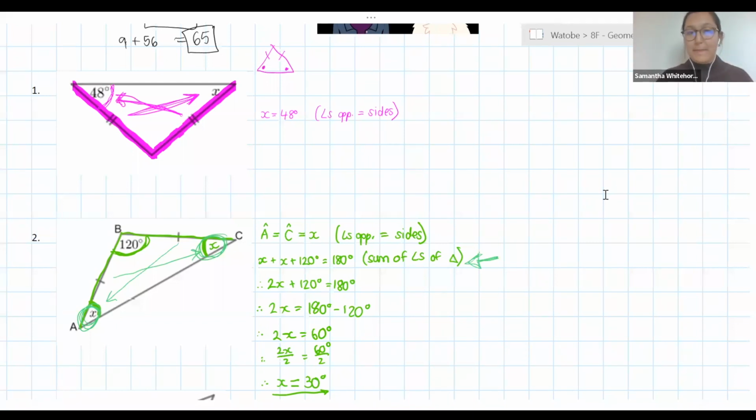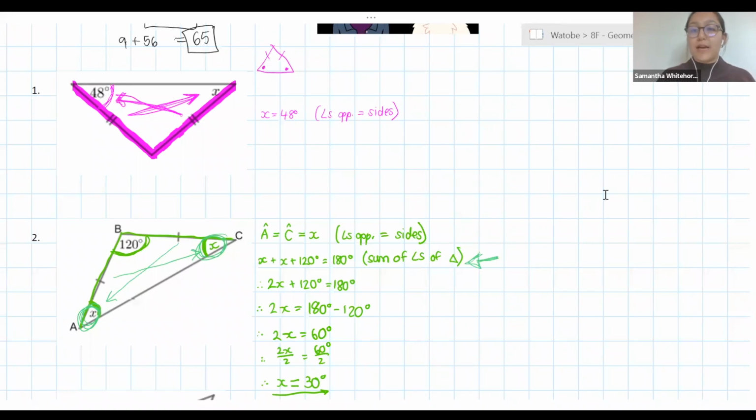Can I tell you what I did? Okay. I said angle A plus angle B plus angle C is 180, sum of angles in a triangle. And then I said 180 minus 120, and then I got 60 and I divided it by 2 and I got 30.